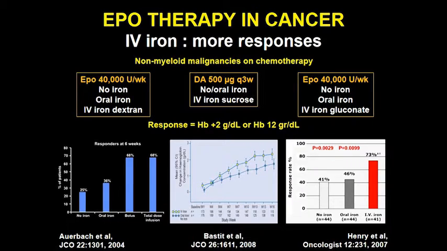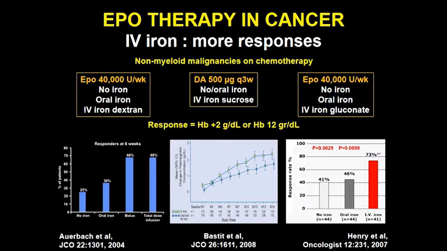These studies have demonstrated that EPO therapy, and you have a randomization of the different arms, no iron, iron, and IV iron. And actually, the message is that with IV iron, we get more responses.